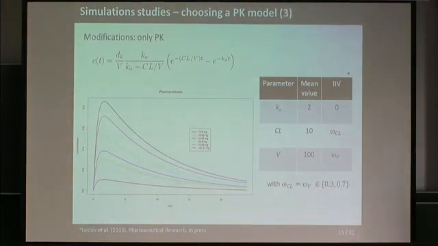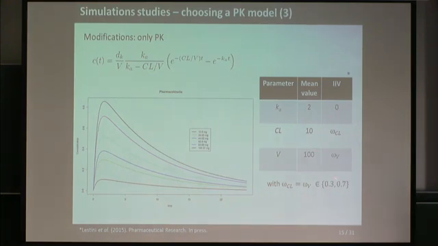For our model, we took only the PK equation, and we use a one-compartmental model and not a two-compartmental model, like in the paper of Lestini, and we use the same mean values proposed in the paper of Lestini. For the inter-individual variability, as in the paper, we decided not to put inter-individual variability in Ka, but only in clearance and volume of distribution.